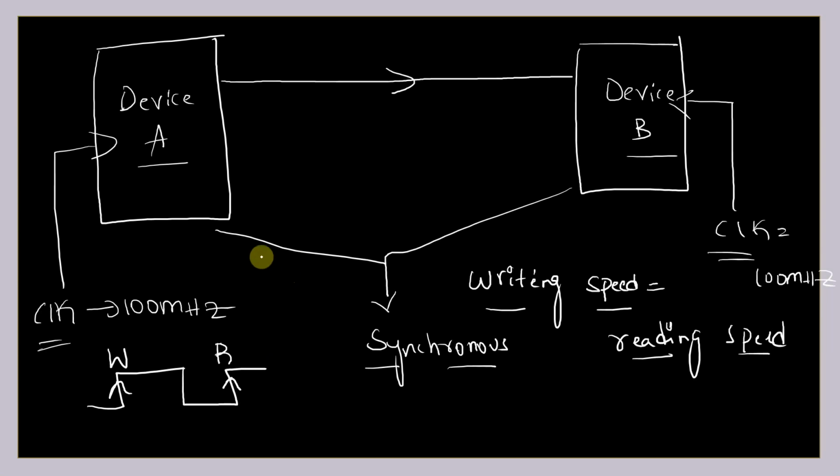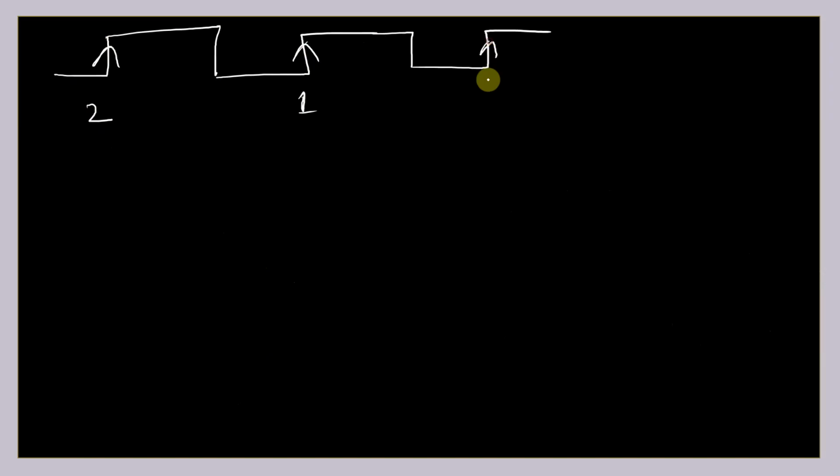But the problem arises if device A can write not only one data item, it can write two data items at the first passage of clock, but device B can only read the first data item at the first and second passage of clock and the second data item at the third passage of clock. Meanwhile, device A is going to write two more data items.